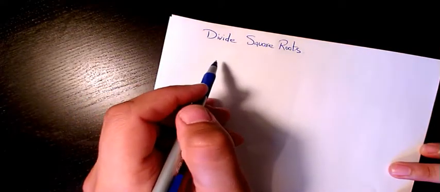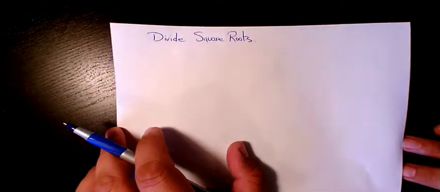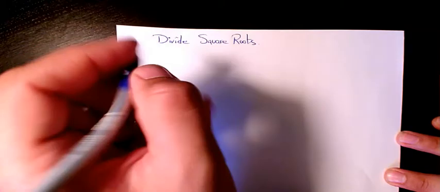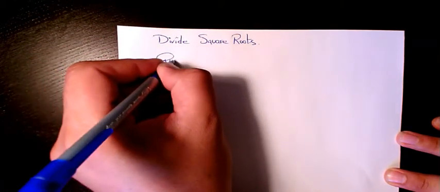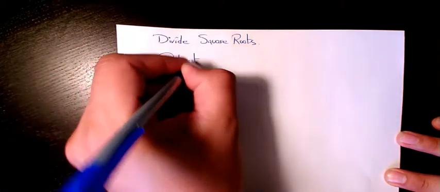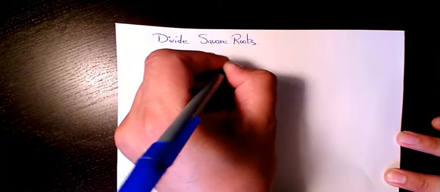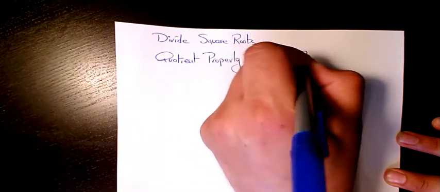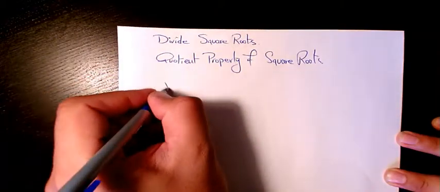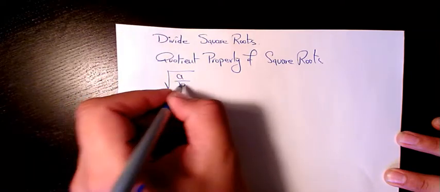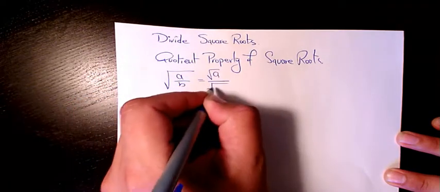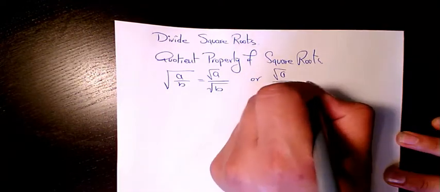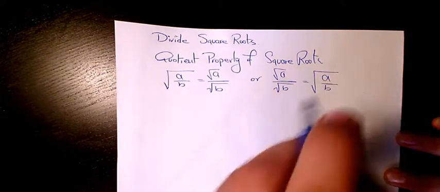In this video I want to give you some examples regarding dividing square roots. Before I do any example, I just want to show you the quotient rule or quotient property of square roots, which is saying that root of a over b is the same as root a divided by root b, or we can say root a over root b is the same as root of a over b.